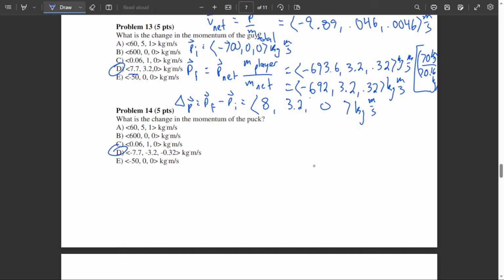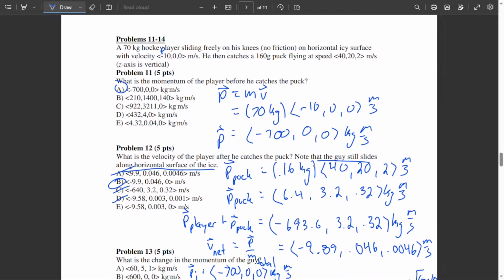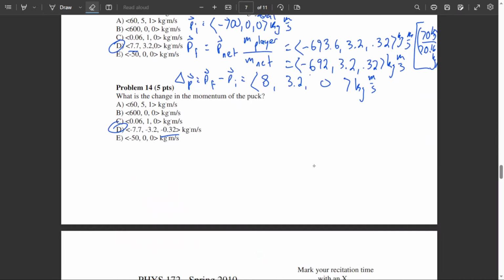So that gives us D. And then notice a minus 0.32 in the z direction, because the puck started with speed and therefore momentum in the z direction, and then when the player caught it, it lost all of that z momentum. So it's going to have a minus 0.32 there.